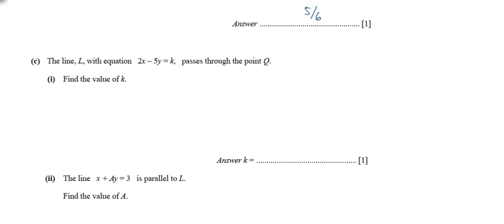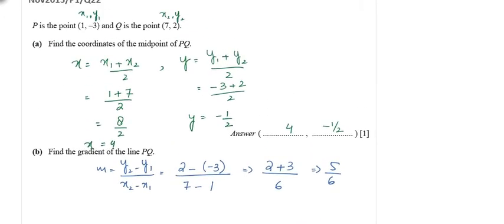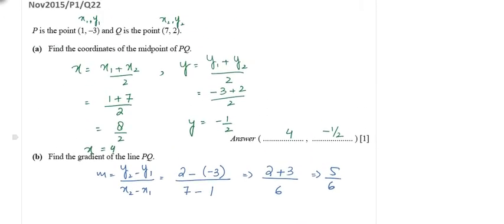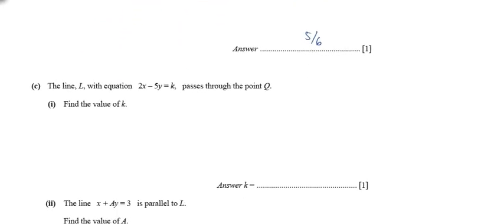According to the next part, the line L with equation 2x minus 5y is equal to k passes through the point Q. Find the value of k. So let's see what are the coordinates of Q. According to the question, the coordinates of Q are (7, 2), and we will consider this as (x, y).